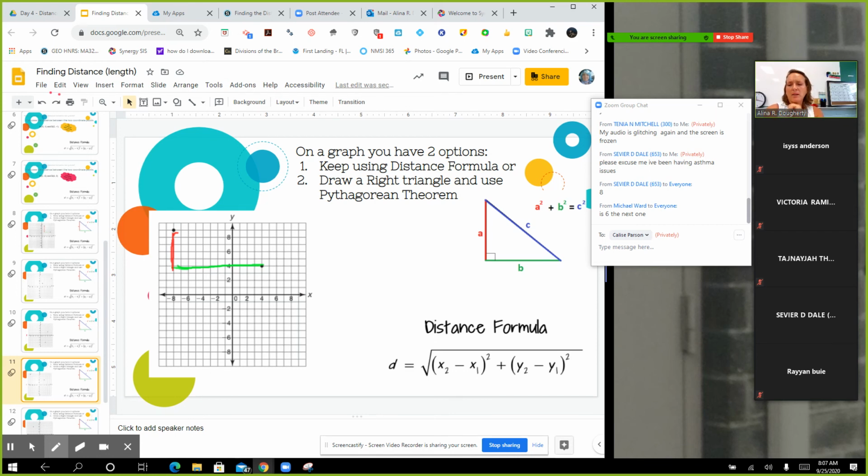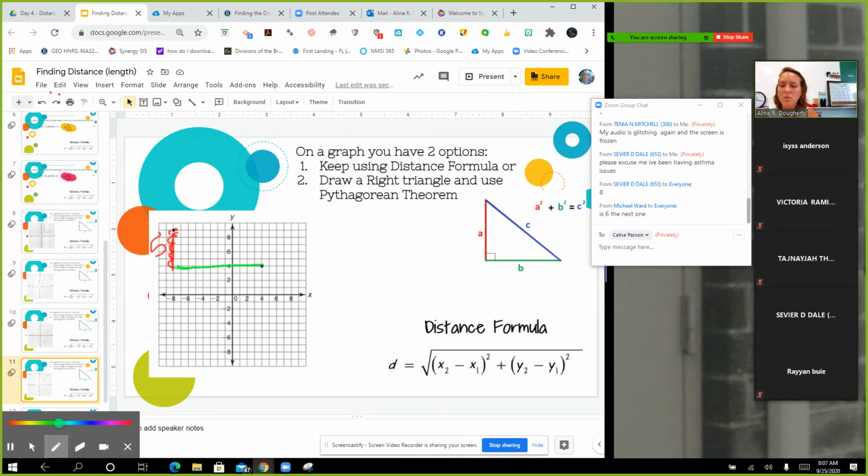So how long is my red line? Is it 4? 1, 2, 3, 4, 5. I think it is 5. It's hard to see, so that's why we got to check each other.